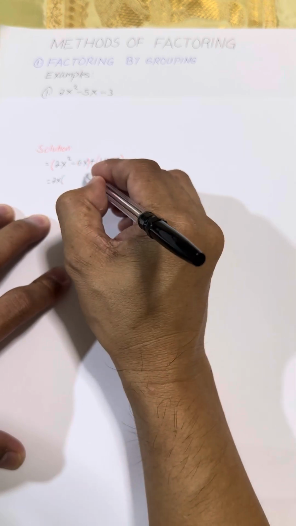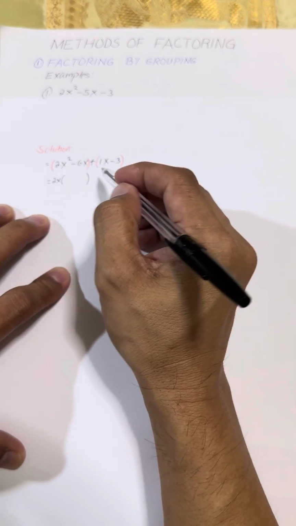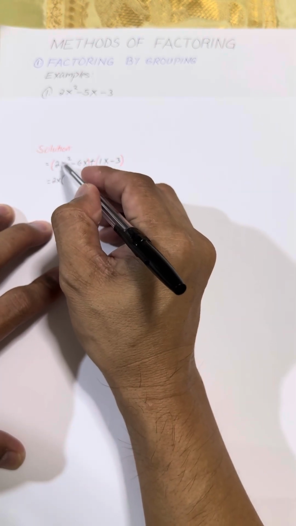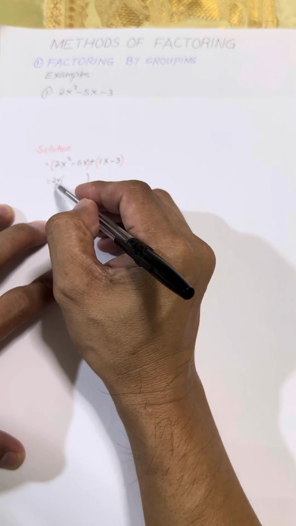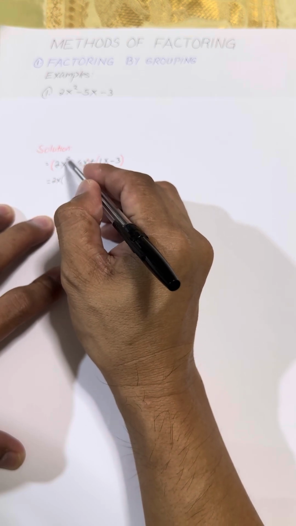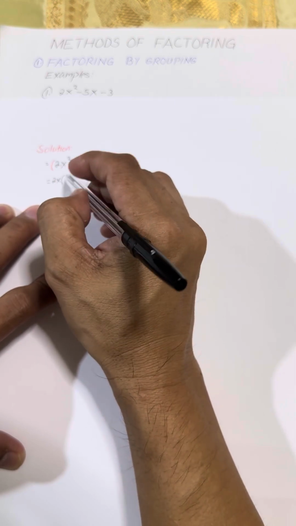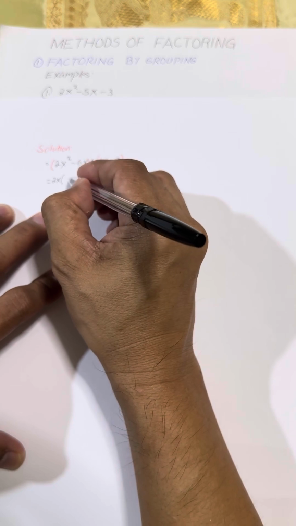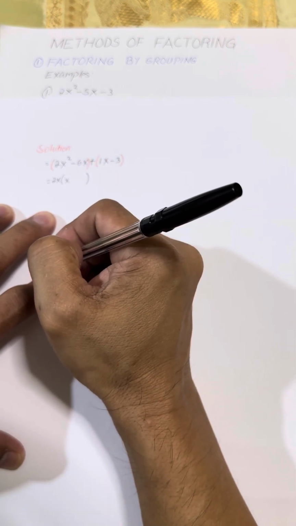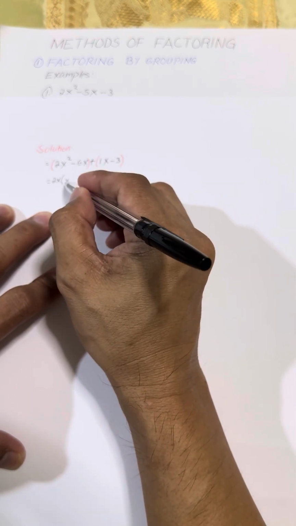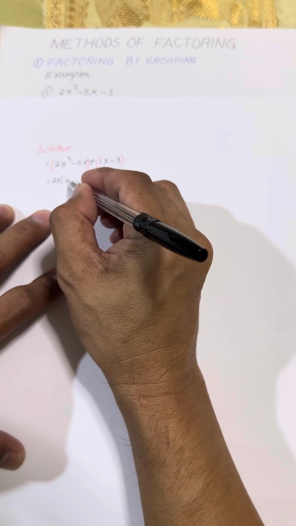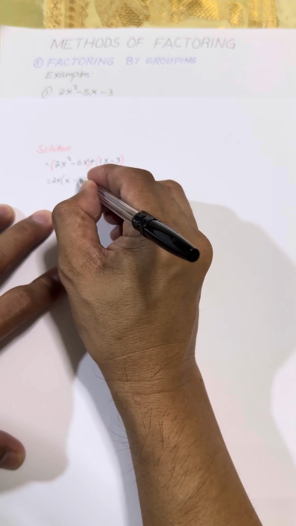When you find the GCF, you just divide each term by the GCF. So 2x squared divided by 2x, we have x, right? And if you divide minus 6x by 2x, we have minus 3.